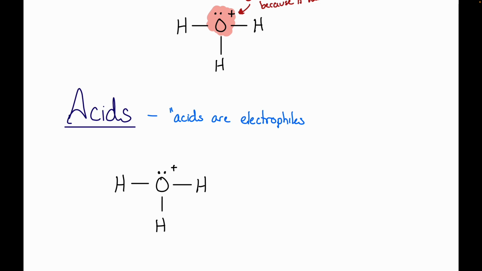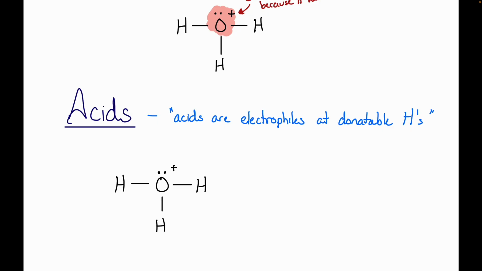All right. We said that this oxygen can't be our electrophilic site, right? It can't accept any more pairs of electrons. So then what's going to be the electrophilic site in this molecule here? If it's not the oxygen, we only got one other choice. It's going to be the hydrogen, all right? Acids are electrophiles at their donatable hydrogens. Remember, in order to be an acid, that means that you can donate a hydrogen.